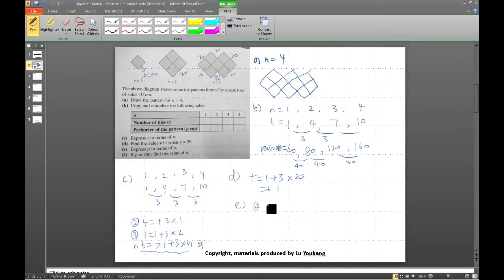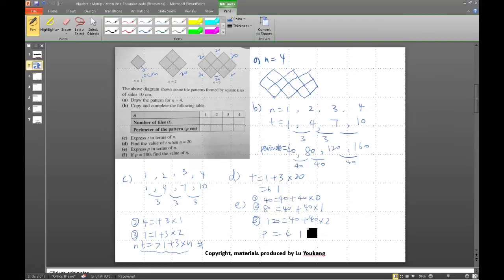Now part E, express P in terms of n. Same thing: when n equals 1, 40 equals 0 plus 40 times 1. When n equals 2, which is 80, I get 40 plus 40 times 1. And when n equals 3, I get 120 equals 40 plus 40 times 2.